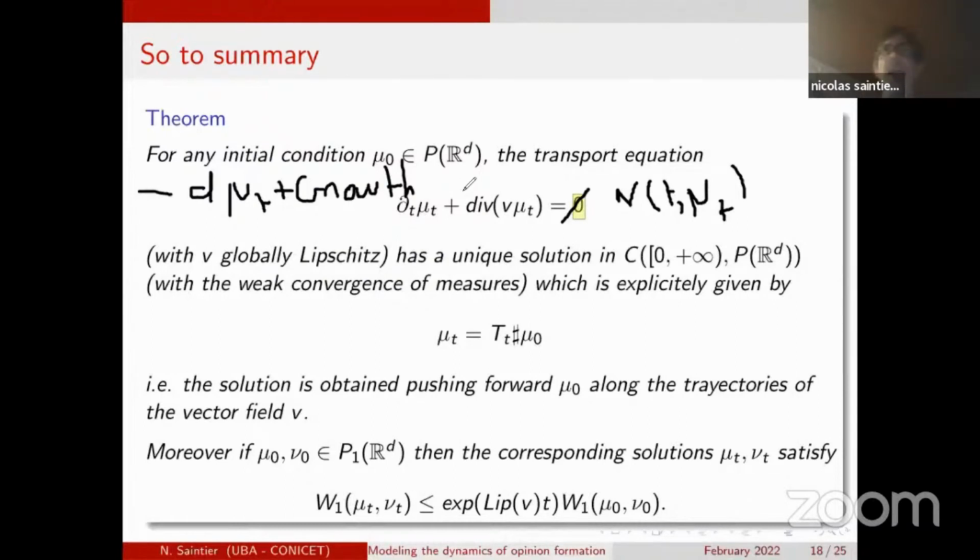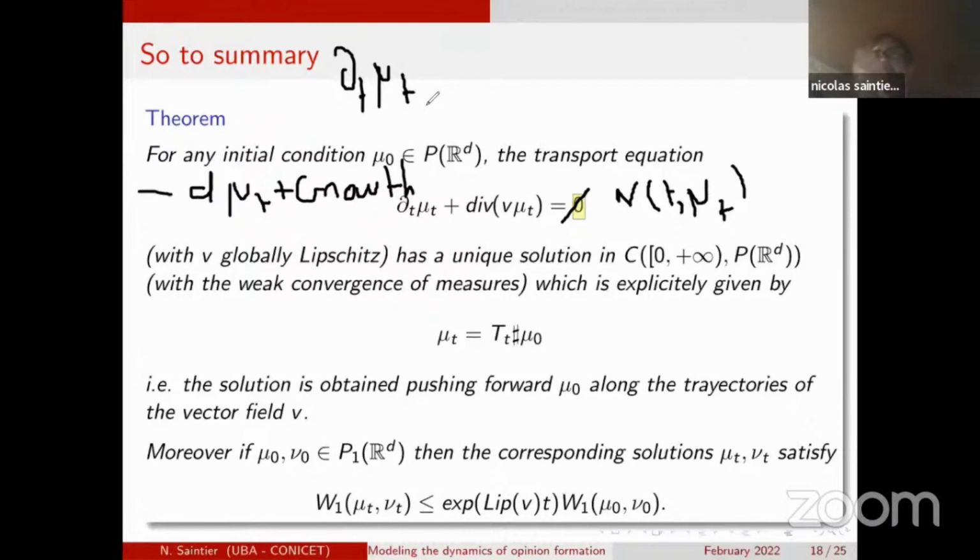Maybe the birth term is not that easy, because it could be something like that. Imagine you have a population structured by, let's say, age or size, so you are in 1D.